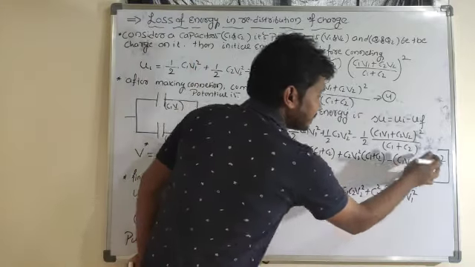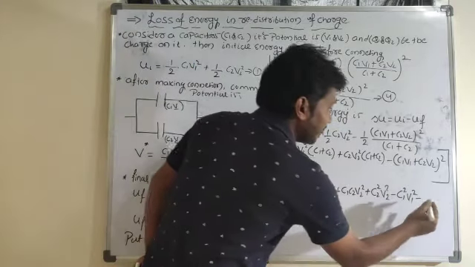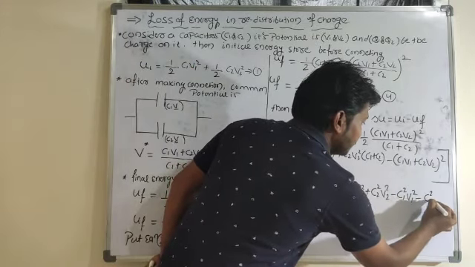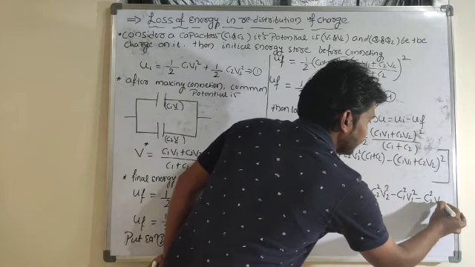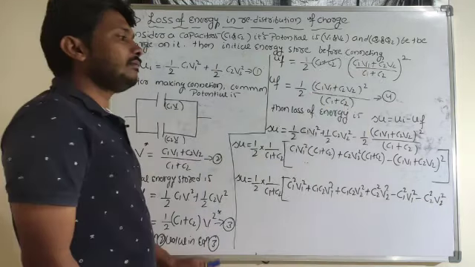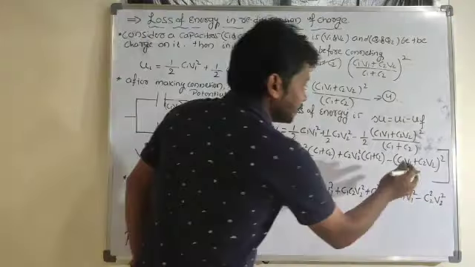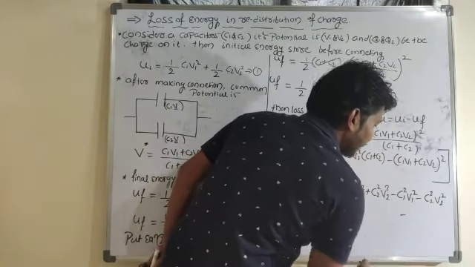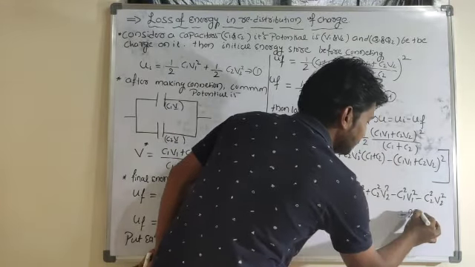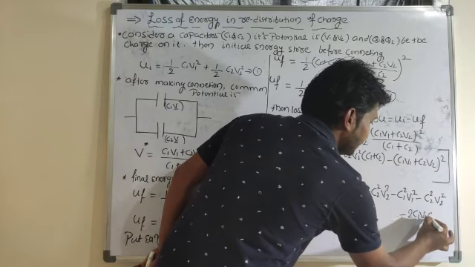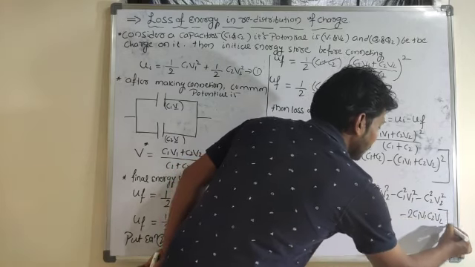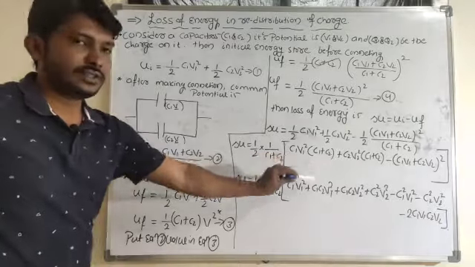B square with a minus, minus C2 square into V2 square. Plus 2AB with a minus again, minus 2 times of A means C1 V1, B means C2 into V2. So hope you are understanding this equation.